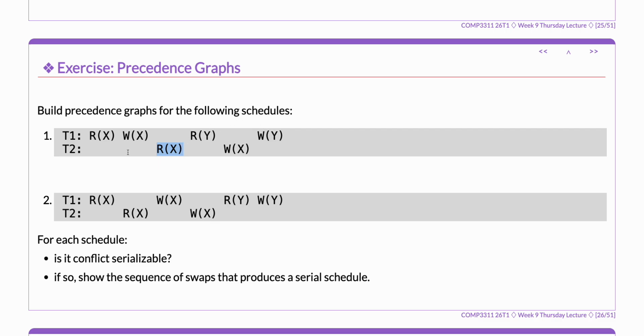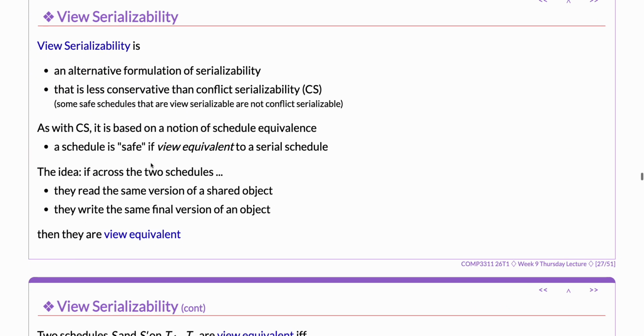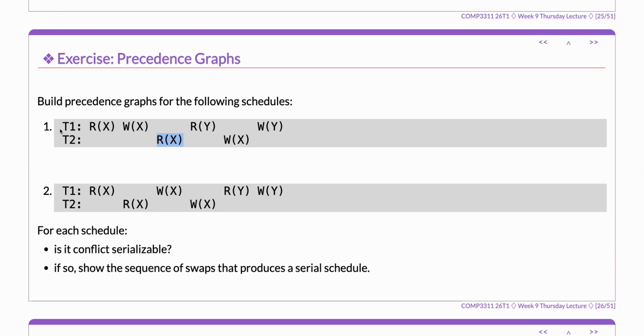And for the last operation in transaction 2, transaction 2 is writing on X, and after that T1 is writing on Y. So there is no edge from T2 to T1 in the precedence graph. In that case, the first schedule is indeed conflict serializable.